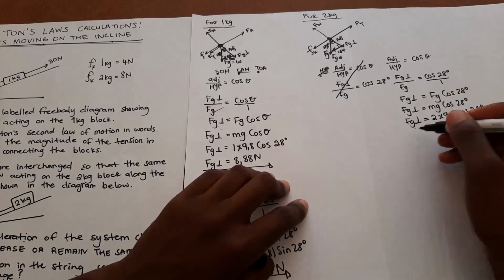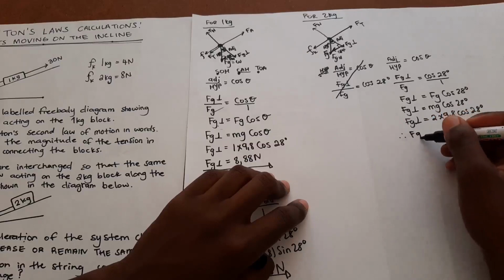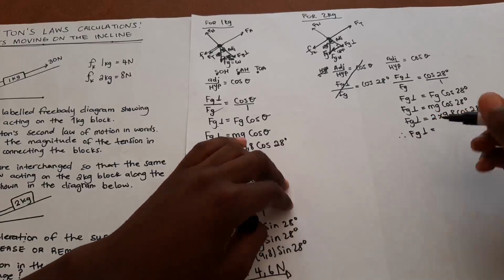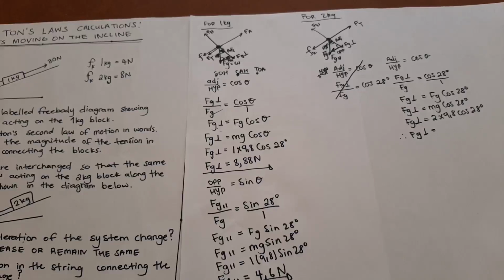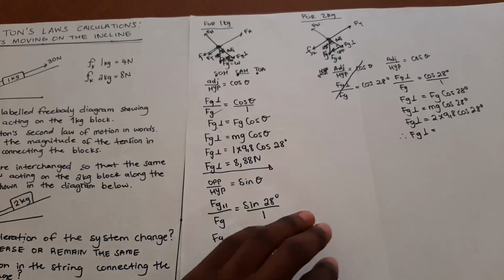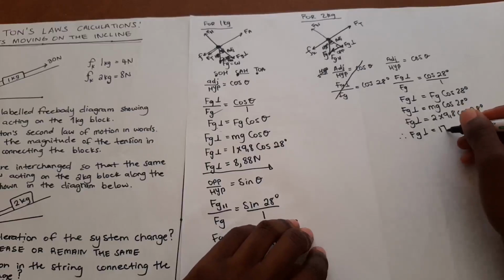Therefore our FG perpendicular in this case, pressing our calculator, 2 multiplied by 9,8 cos 28 degrees, gives us 17,31 newtons.